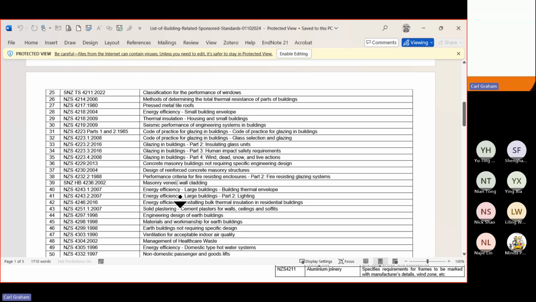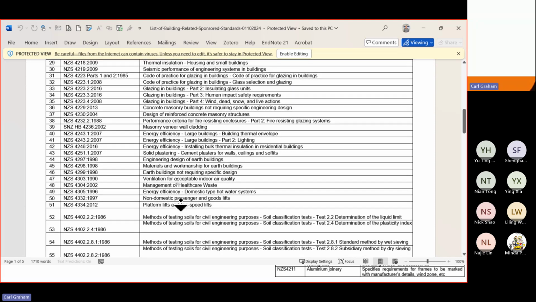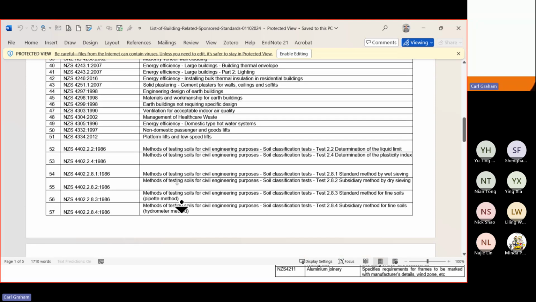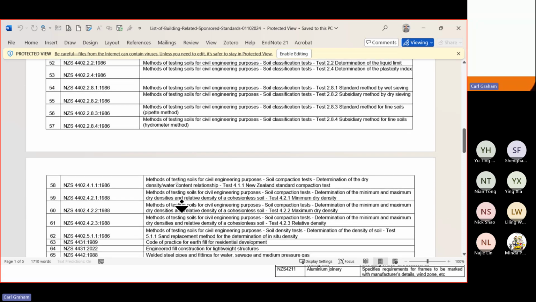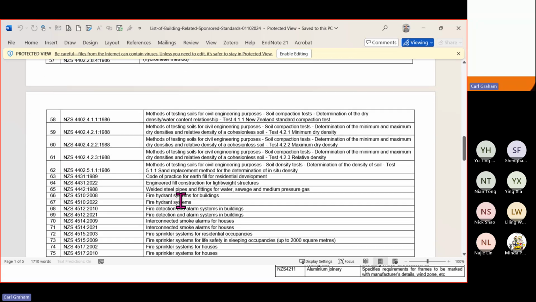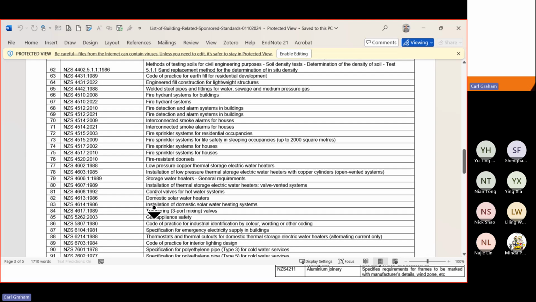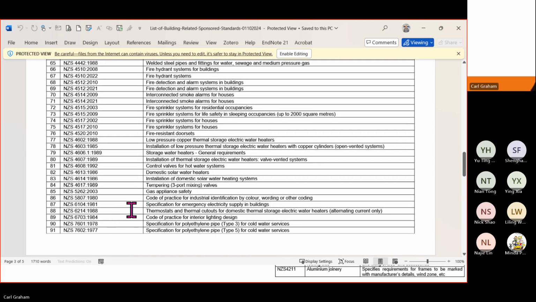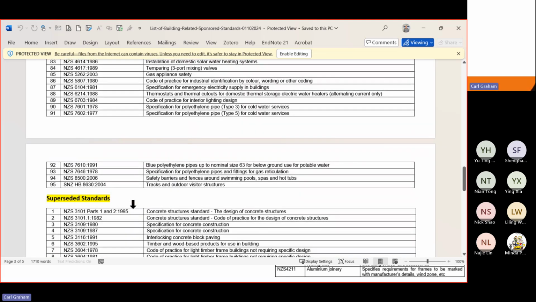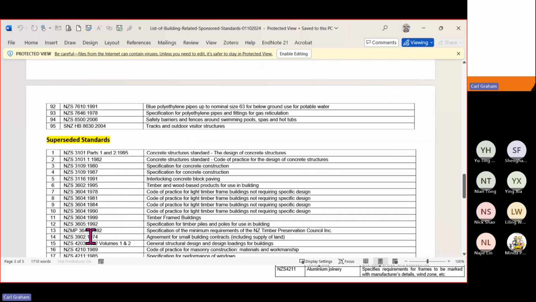Also, that standard written in the book that I'm reading, or that slide, might be out of date. But you can see they've got a lot there, haven't they? And let's just have a look. It might be a superseded standard.